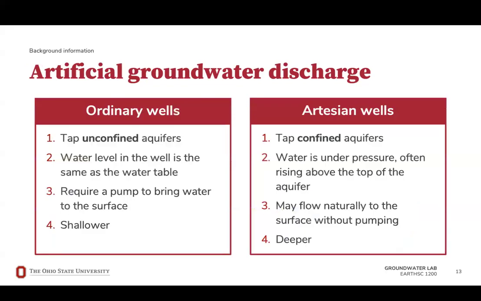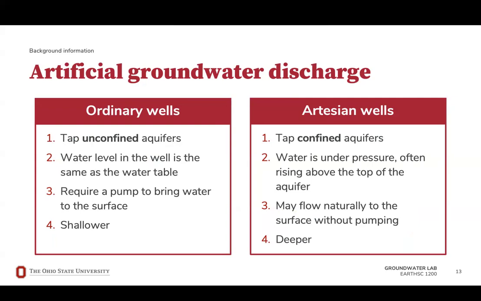When it comes to accessing groundwater, two main types of wells are used: ordinary wells and artesian wells. Ordinary wells, also known as water table wells, tap into unconfined aquifers where the water level in the well is the same as the water table. These wells require a pump to bring water to the surface and are recharged through the direct infiltration from the surface.